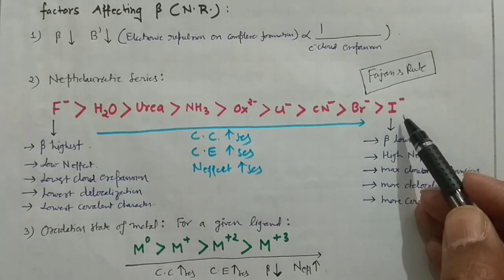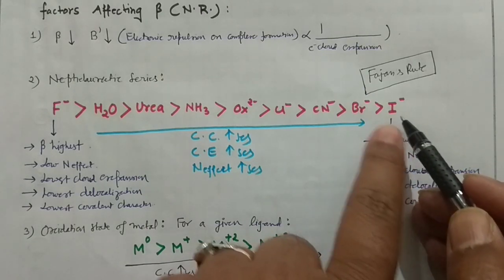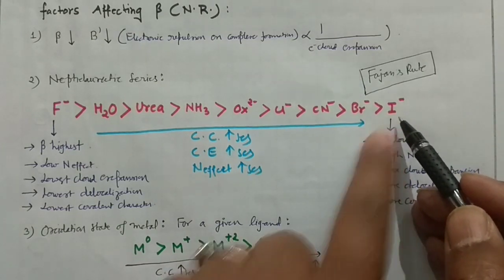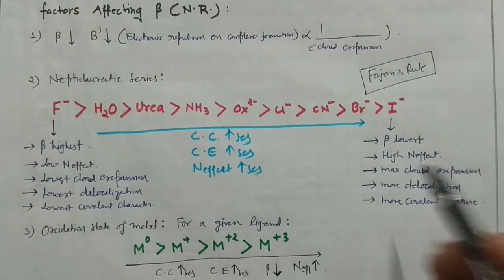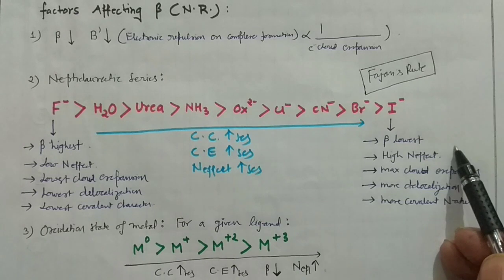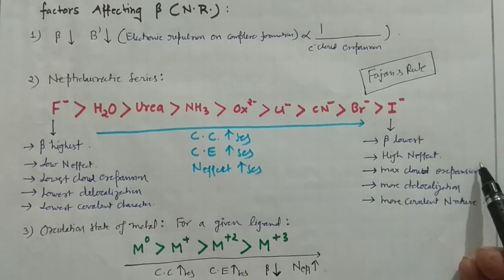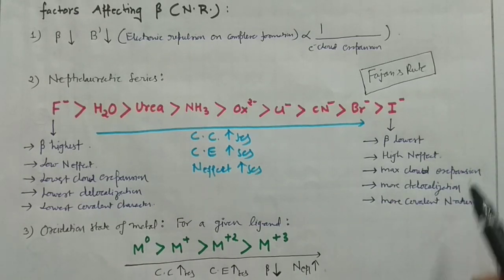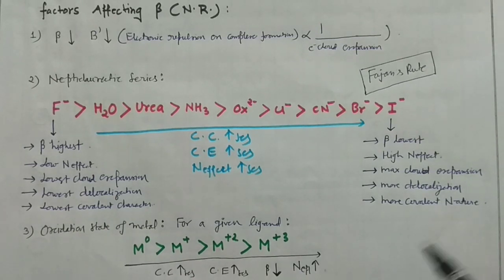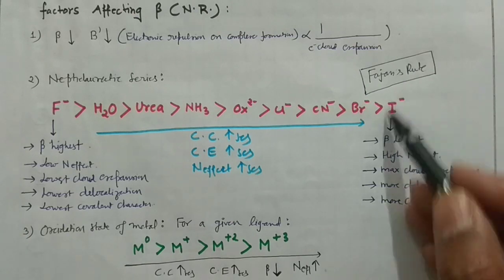That means the nephelauxetic effect would be high for this one, but the nephelauxetic ratio would be low. Opposite of fluoride, here you can see beta is lowest. That means the ratio is the lowest, but the effect is the highest. The electron cloud has the maximum expansion. More delocalization and more covalent character when the metal forms the complex with this particular iodide.